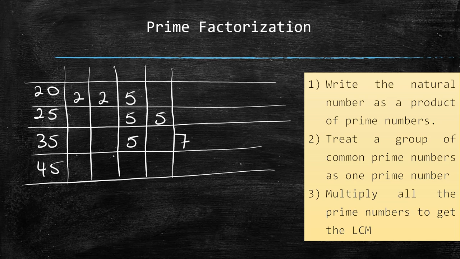Then 45, we have 3 by 3 by 5. And now I'm going to have to just shift these numbers because it doesn't belong where it is. 5, 7.